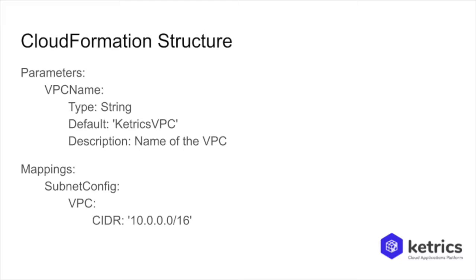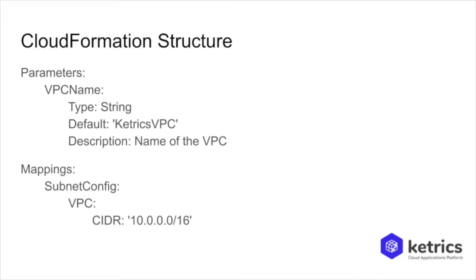The description, this one is optional, and it allows you to describe the purpose of your parameter. The default, which is also optional, if it is defined, it will be used as the default value for the parameter during the stack creation, unless you provide another value in the parameters file, which will then override it.